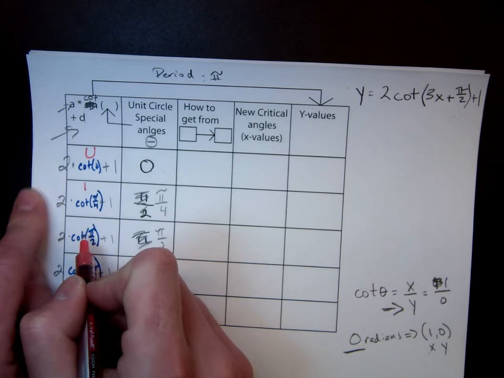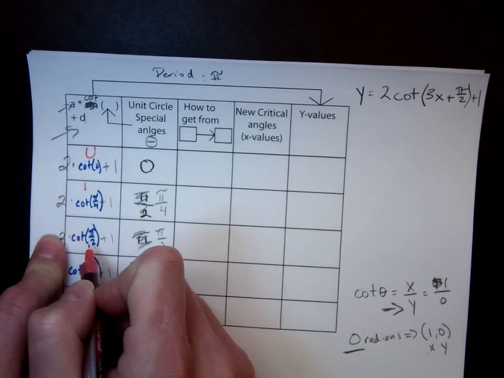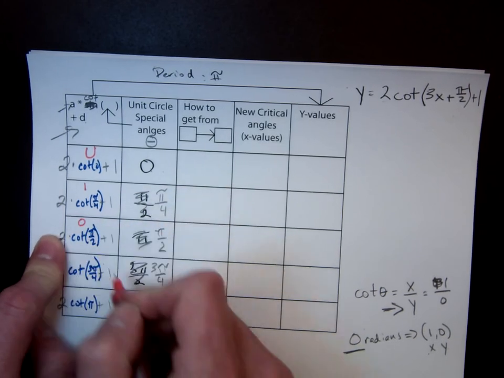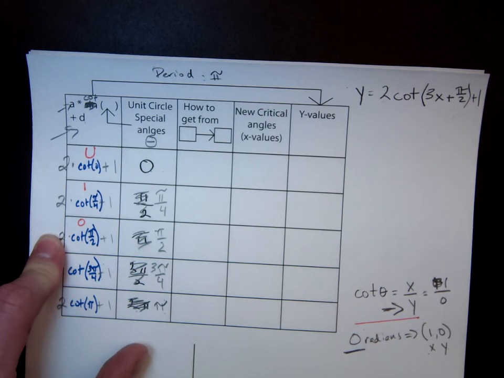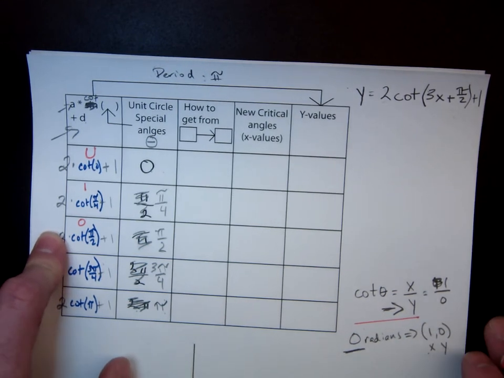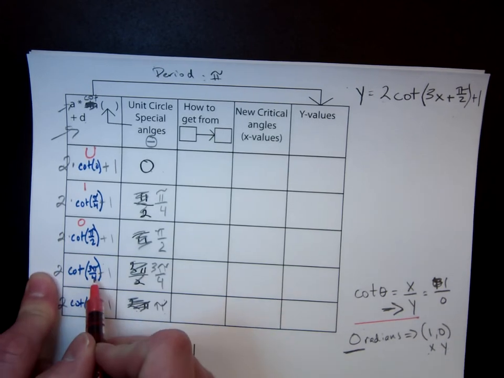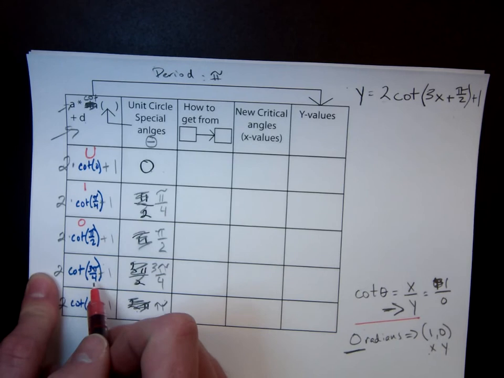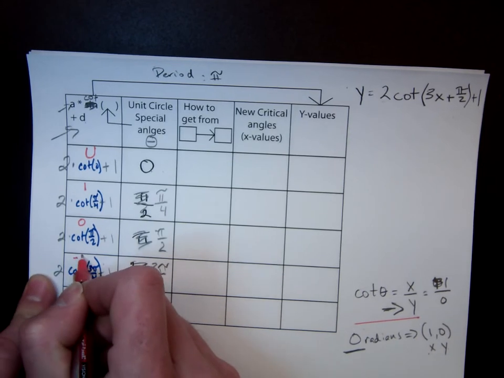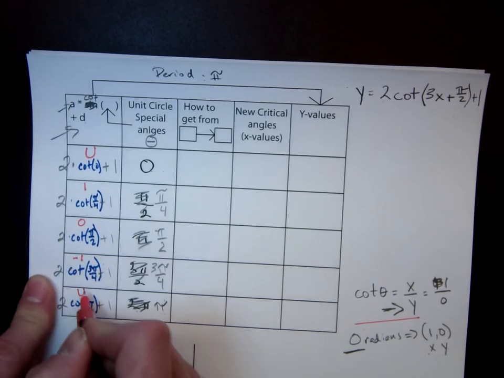Then here I'm going to have cotangent of pi over 2. I'm going to be at 0, and you can calculate all of these based off of the trig identity. Cotangent of theta is equal to x over y, going around the unit circle. Cotangent of 3 pi over 4, okay, is equal to negative 1, and then we're undefined again when we get to pi.